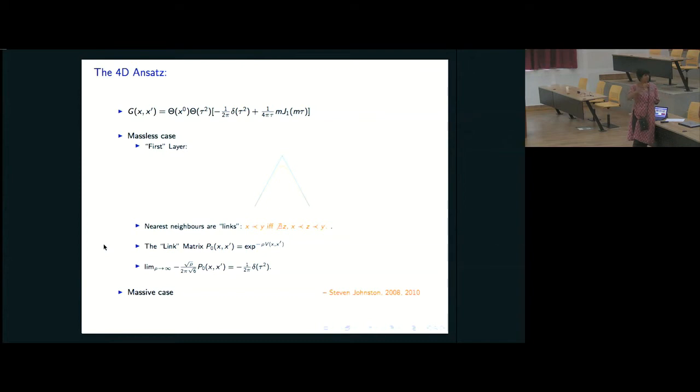So it's very generally true that you can always construct things like this. We can only show that it matches with the continuum propagator in specific classes of spacetimes. That's the point: the very simple ansatz works only for these.